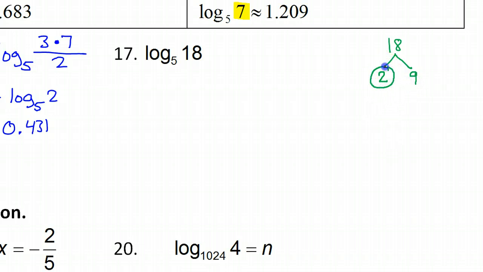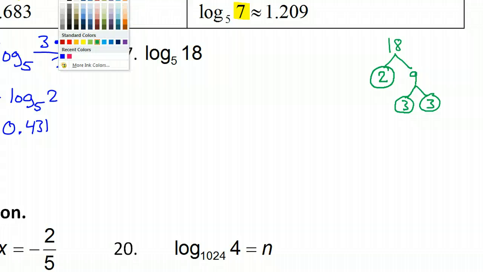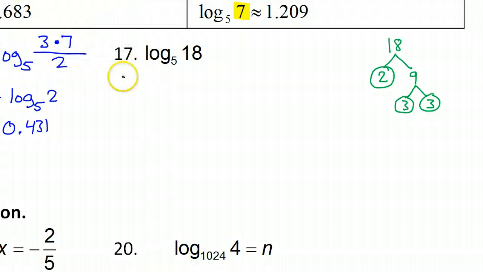Now I like the 2, so I'm going to keep that. Now of course 9 is 3 times 3. So if I think of 18 as 2 times 3 times 3, then I have all facts that I am given. So I can think of this as log base 5 of 2 times 3 times 3.